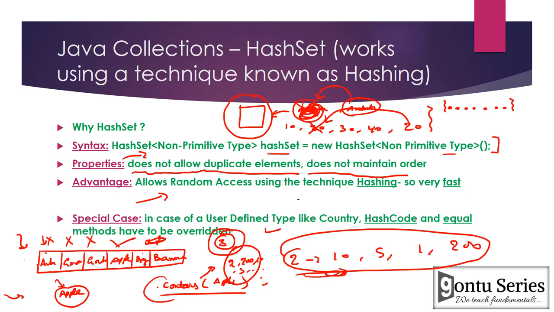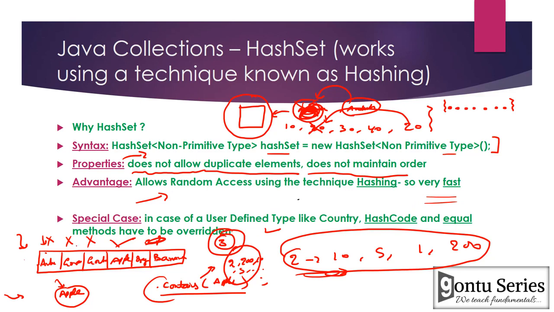So this property of HashSet, whenever you want to search anything, it performs that search instantly. That makes it so useful. That makes it very, very fast, because its search operation is very fast.